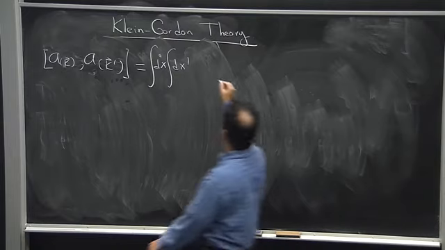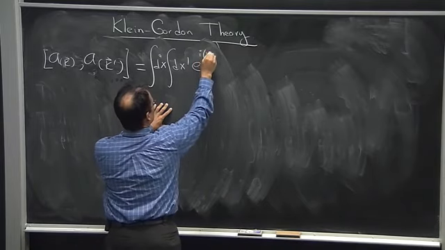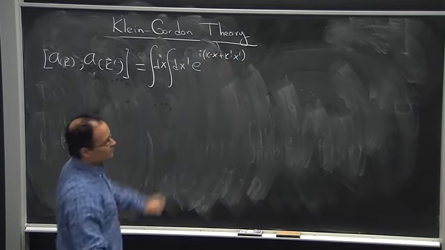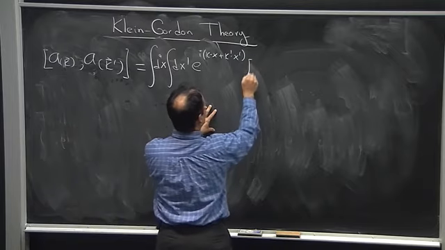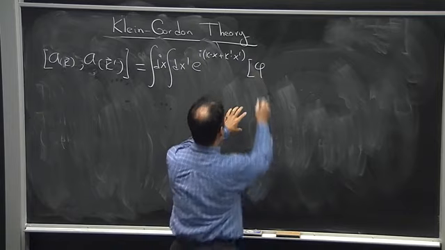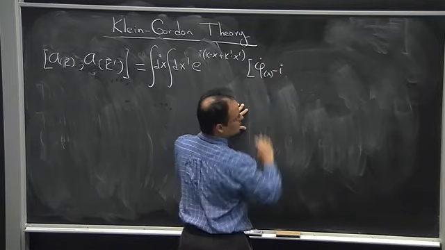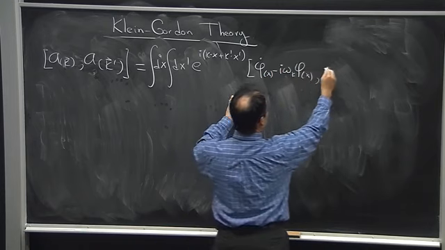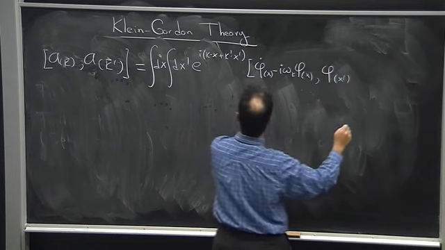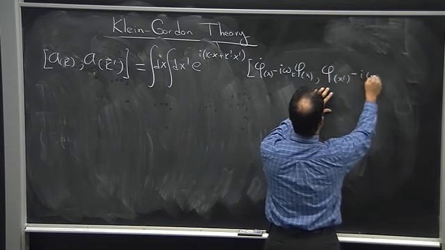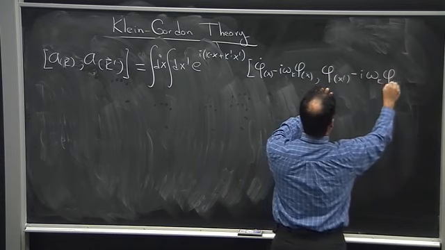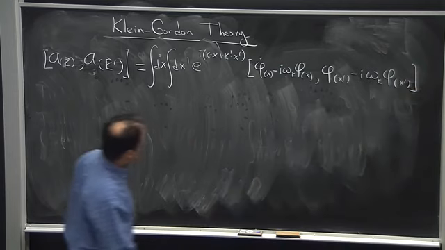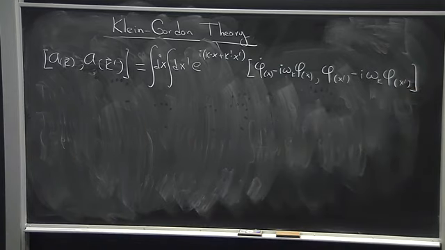Well, we will have e to the i (k dot x plus k prime dot x prime), and the commutator of phi dot of x minus i omega_k phi of x, and phi dot of x prime minus i omega_k prime phi of x prime.